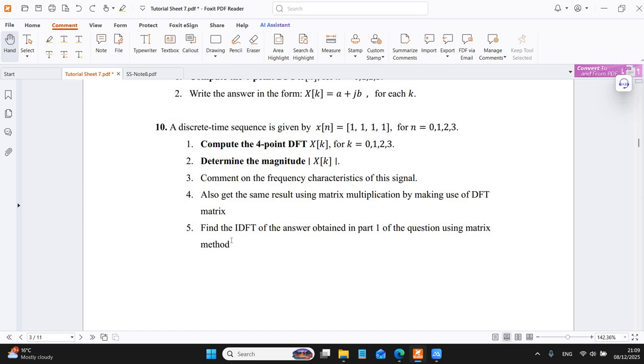So x of k is equal to 1 plus cosine of pi over 2 into k.